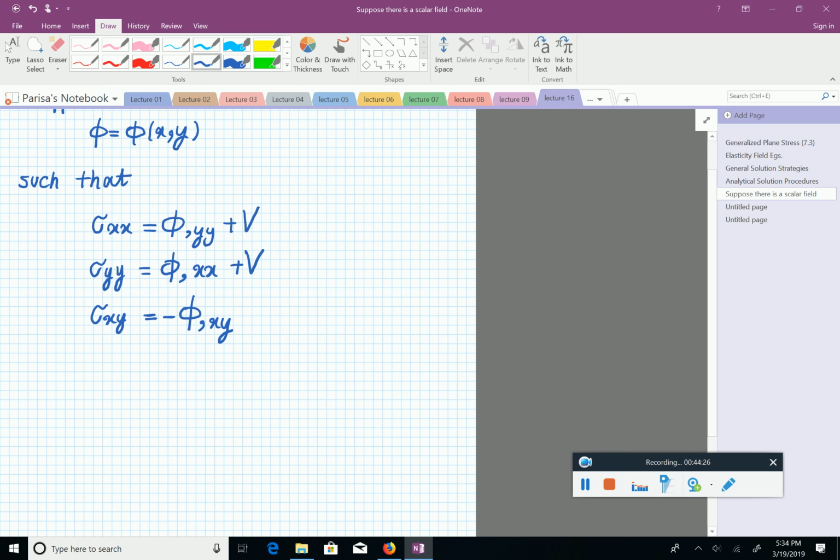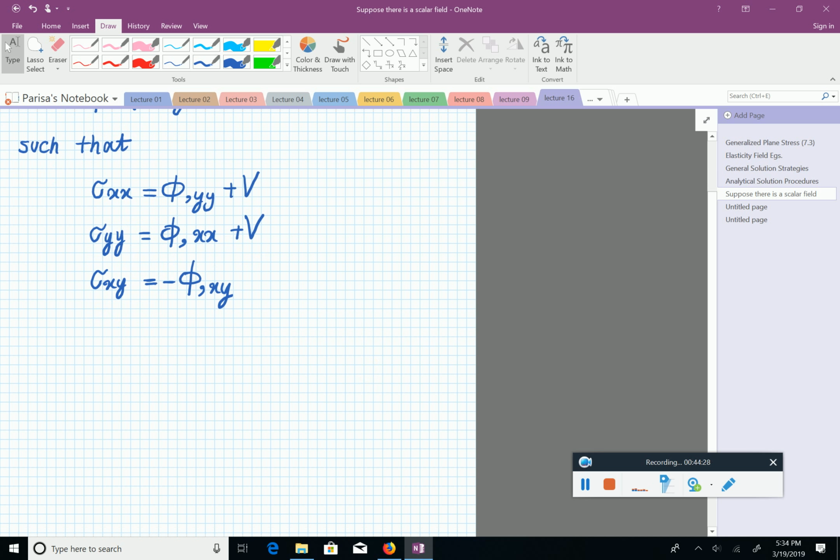So we should write this down. All the equilibrium equations, all the field equations are going to be satisfied. I'm not going to show this, but it's kind of easy to show actually.